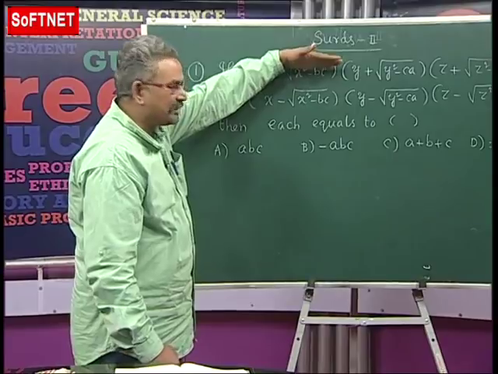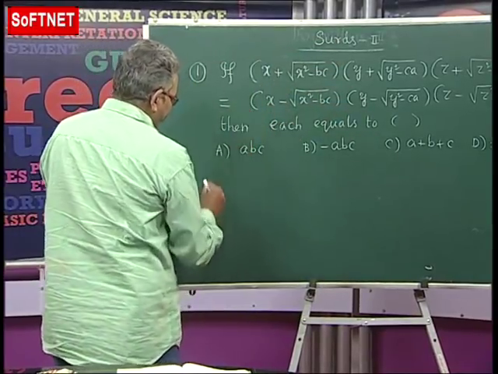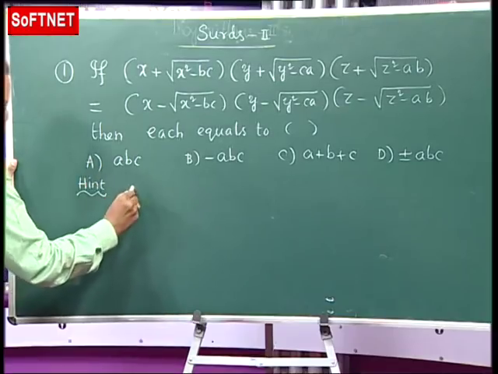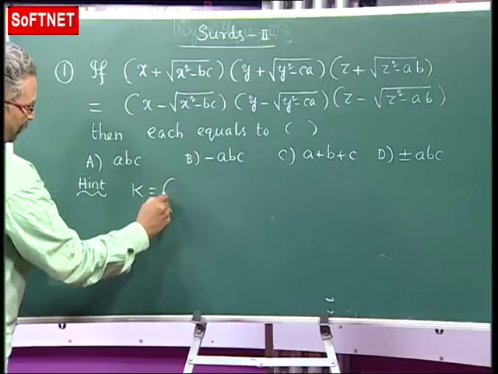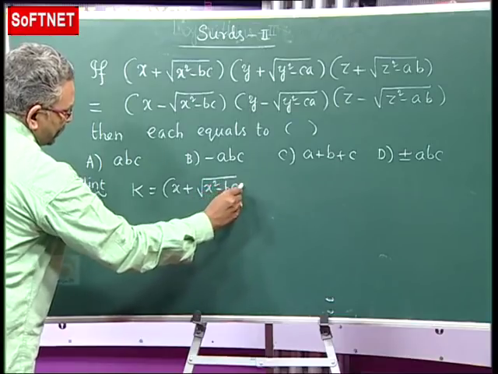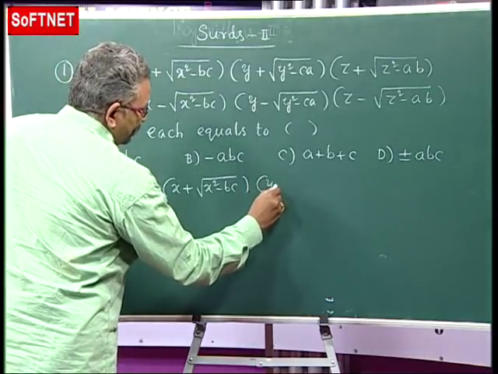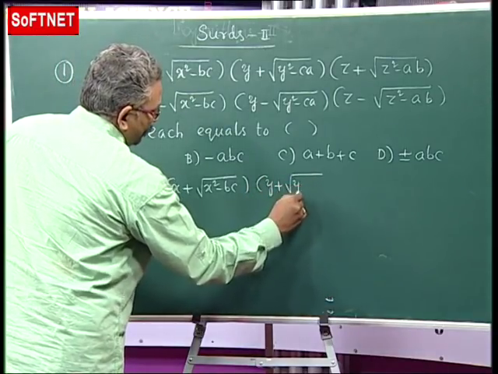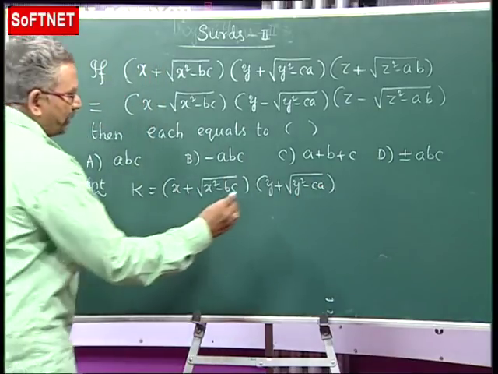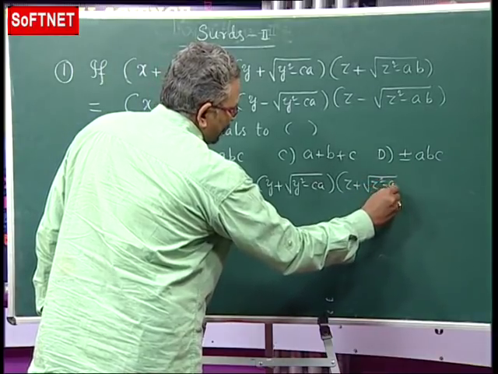Suppose LHS is k, RHS is k. Let us write it first. That is our assumption: k is equal to x plus root of x square minus bc, y plus root of y square minus ca, z plus root of z square minus ab.